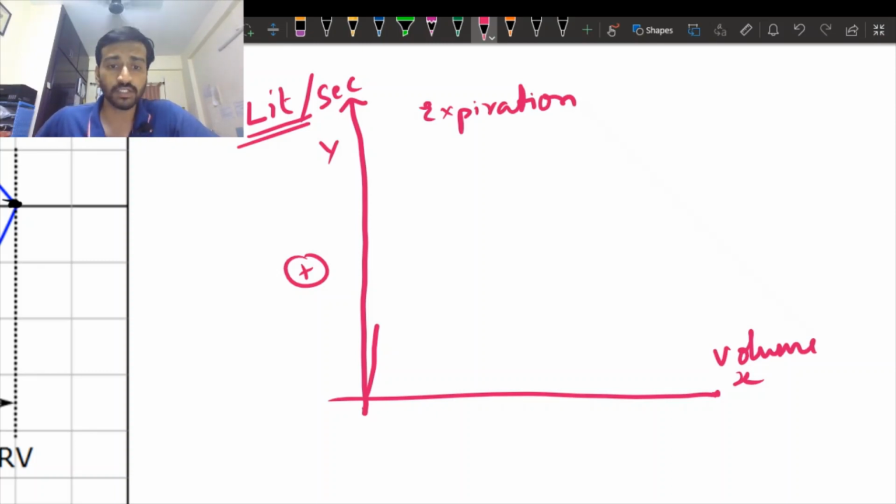You ask the patient to take a deep breath, okay, deep inspiration, and after that, you ask him to exhale forcefully into the spirometer. Okay, initially when the volume is very high, the flow will be very high. So initial volume is high. That means it should be around some 6. Here, let us take it as 6 measure. The starting point as 6 liters.